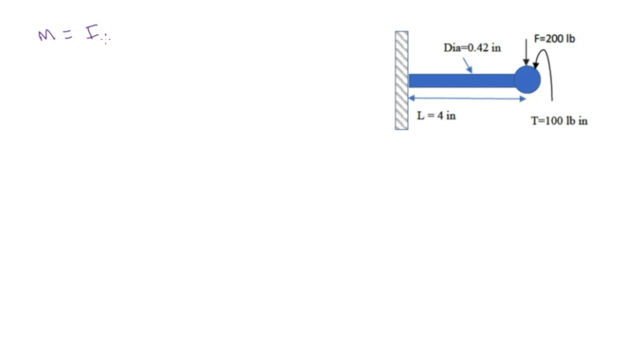And in this case, we'll use this length L, because we're going to look at the max stress here as the bending stress gets higher as the length from the applied load gets higher. And so this is 200 times 4, which equals 800 pound-inches.